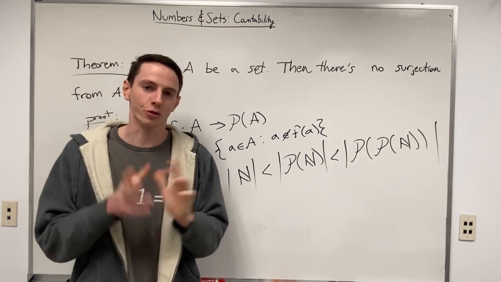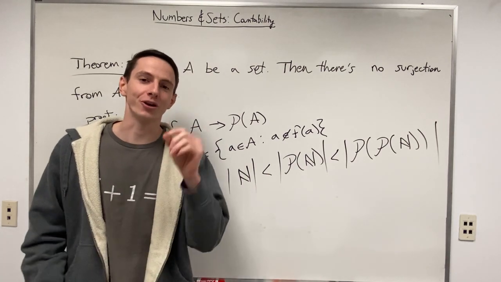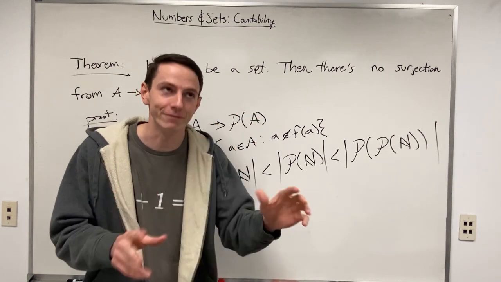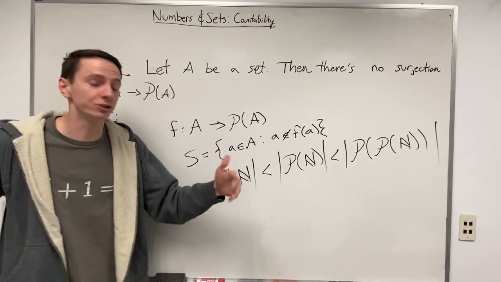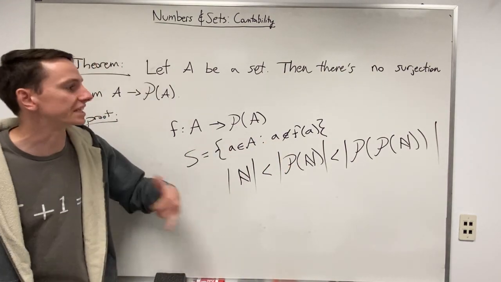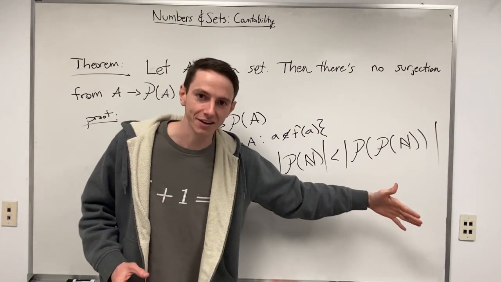But are those the only two sizes? And the answer is no. It turns out that there are infinitely many different sized infinite sets. And those infinitely many different sizes could be attained by just continually taking the power set of whatever infinite set you have.